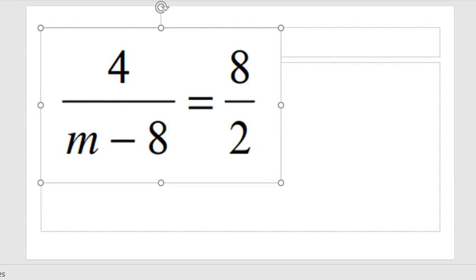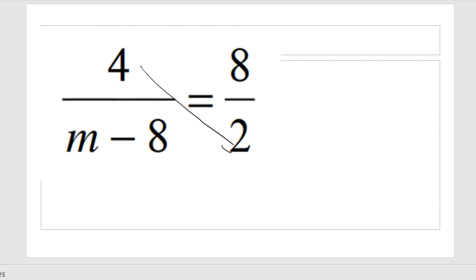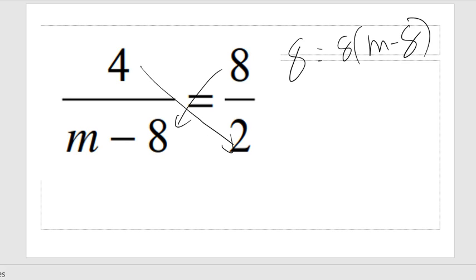Alright, next one. We're going to cross multiply. We get 8 equals 8 times m minus 8.